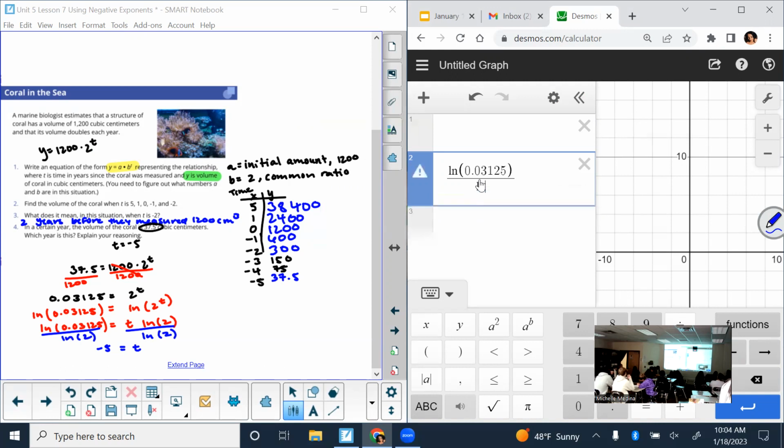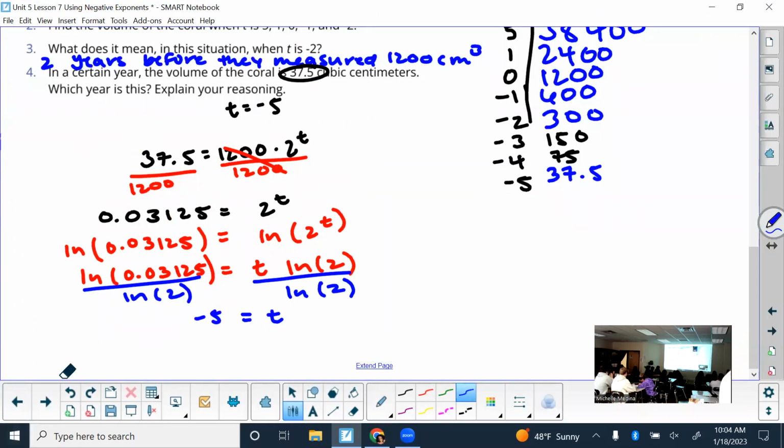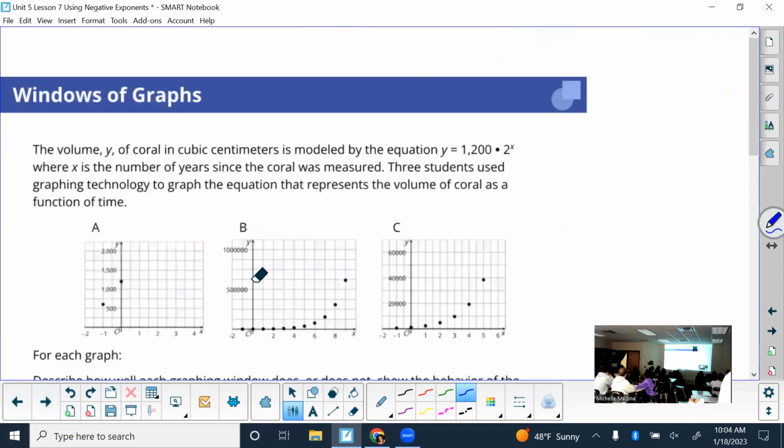This is what it would look like. And look, we do get -5. That's more like an algebra 3/4 thing, but in case you were wondering, that's how you find it. Questions on that? All right, so again, just make a table, keep the pattern going is probably the best strategy at this level.